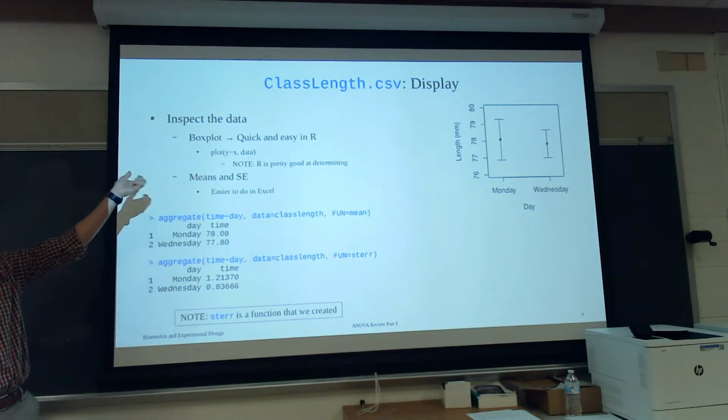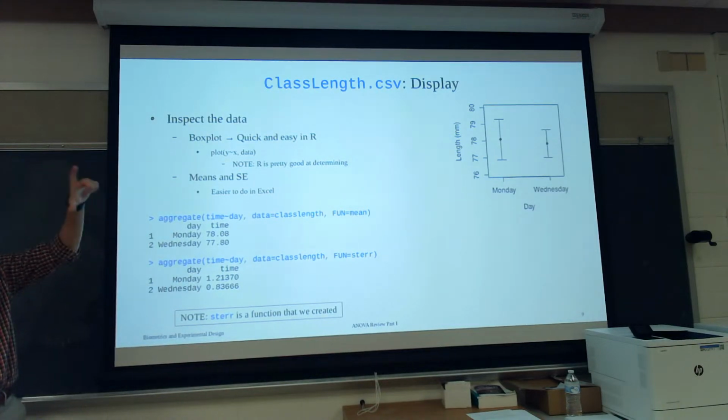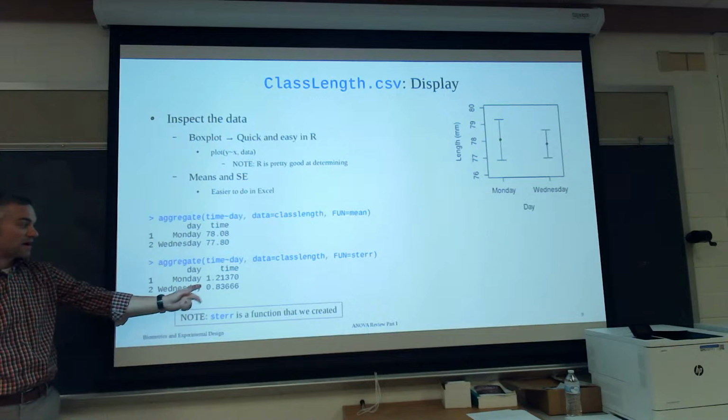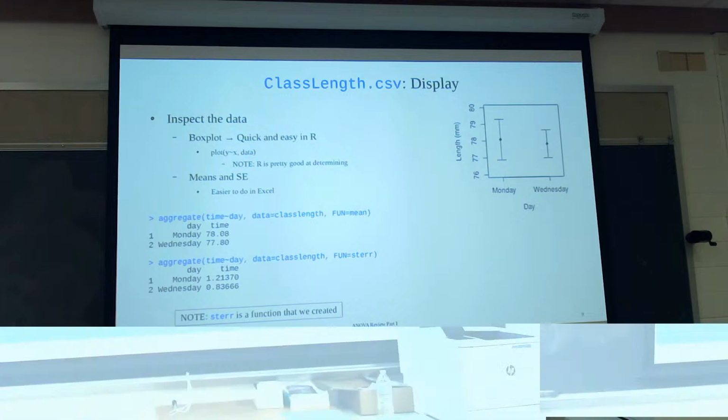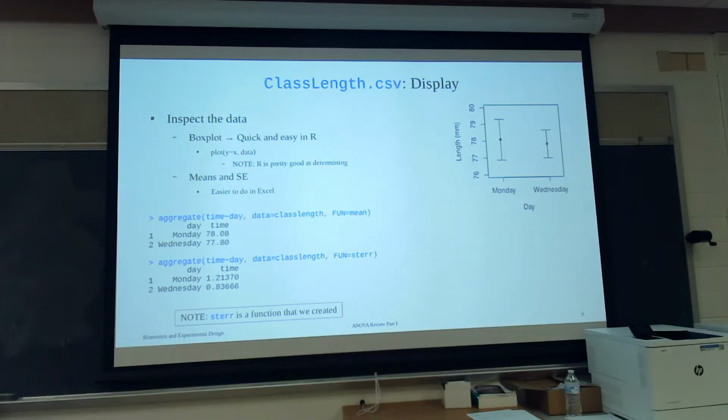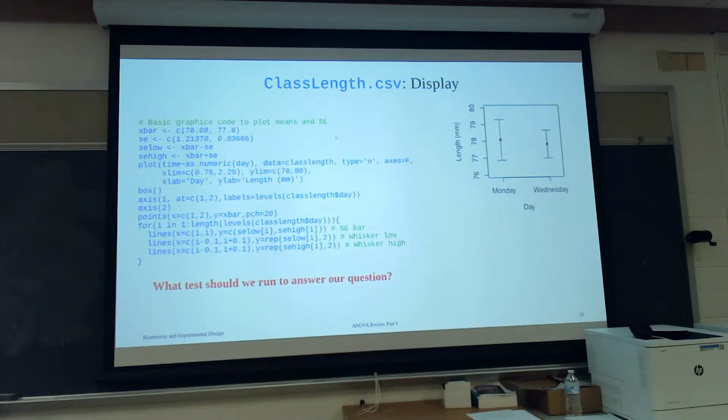I made a plot where the points are the means and the spread is the standard errors, plus or minus. All right, so I look at it. My initial question was, does class length differ between these two days? I look at this and I'm not going to be surprised if the p-value is greater than 0.05. Just no.